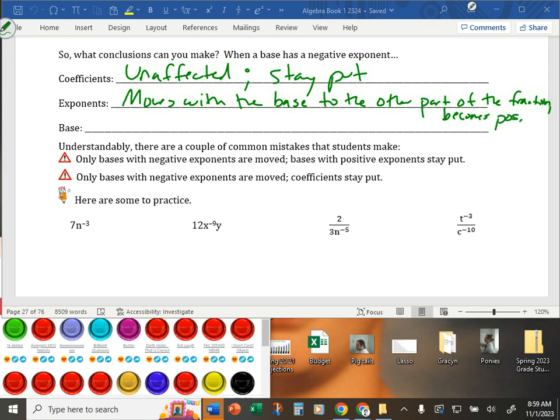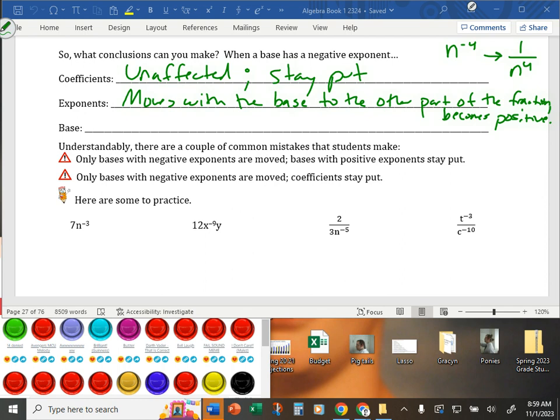It's no longer unhappy being where it's at. Once it's moved, it becomes positive. As we saw in the example where we had n to the -4th, we moved it to the denominator where it should be, and now that exponent's positive. Okay? Moves with the base to the other part of the fraction, becomes positive.